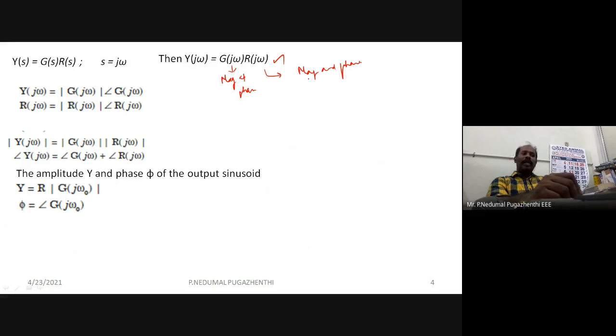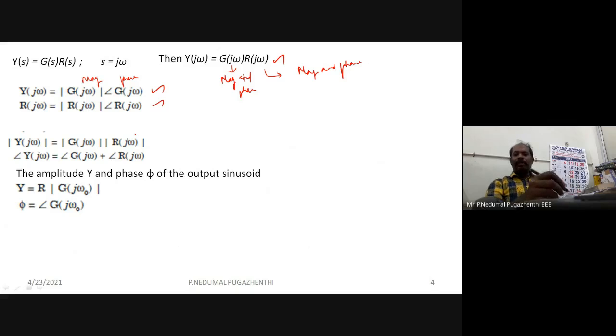And the output is also a sinusoidal transfer function in complex form, so it will also have a magnitude and phase. That is what is represented here: G of j omega, angle of G of j omega, modulus of G of j omega, the magnitude of G of j omega. So this is your magnitude component and this is your phase component.